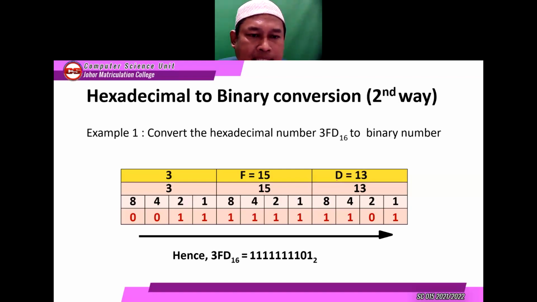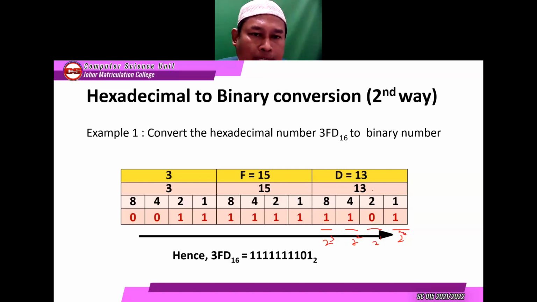For example, D, you must prepare 4 spaces. So 4 spaces is 1, 2, 3, 4. This is the first number for D. So D is 13. So 2 power of 0, 2 power of 1, 2 power of 2, 2 power of 3. So 8, 4, 2, 1.